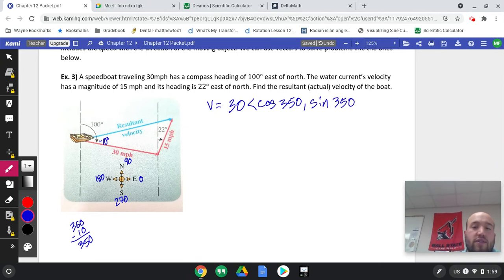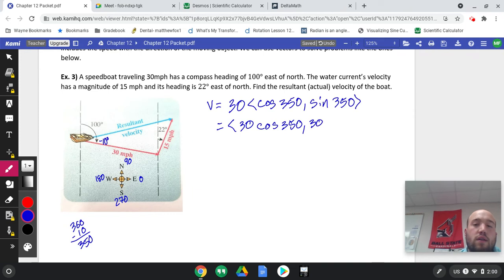So before we deal with the second vector, let's just deal with this one. That means we can just multiply that 30 in. So 30 cosine of 350, 30 sine of 350.